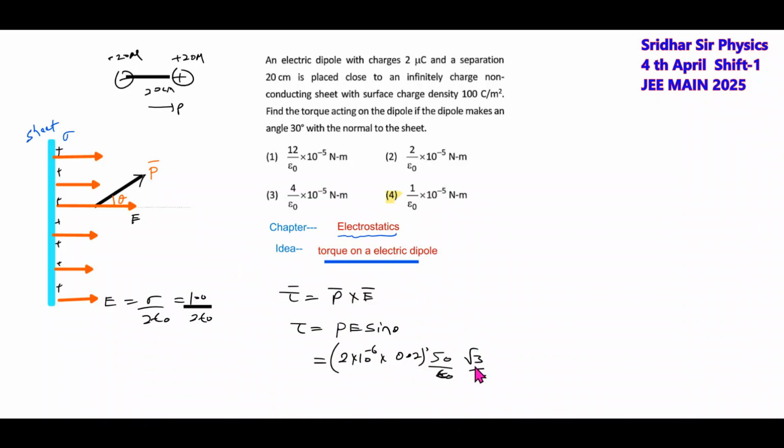Sin 30 degree is 1 by 2, only 1 by 2. So 0.2, 10 to the power of minus 6 will come. Here 200 will be 1 into 10 into this one. So we'll get this option.